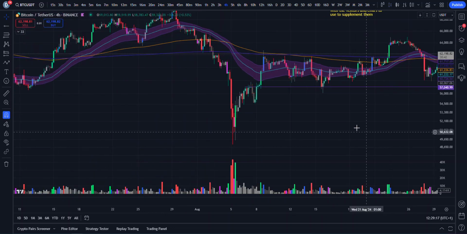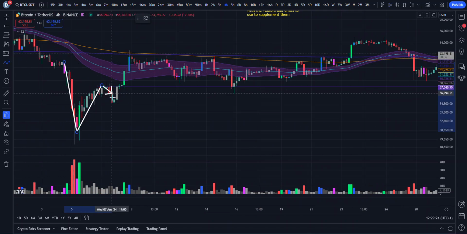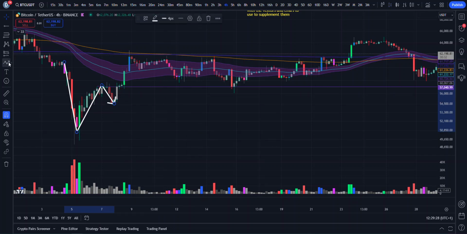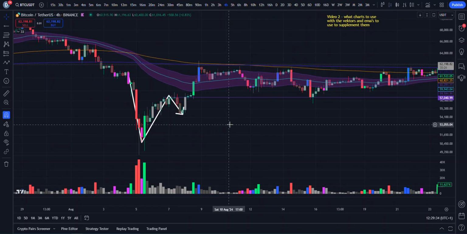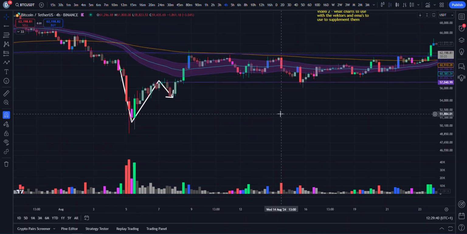So with market structure, when it forms a W, a higher low, right? You can put that there because it went above the 50 EMA. So M's when price is above all the EMAs, W's when price is below. It's basic market structure, higher lows or higher highs depending.